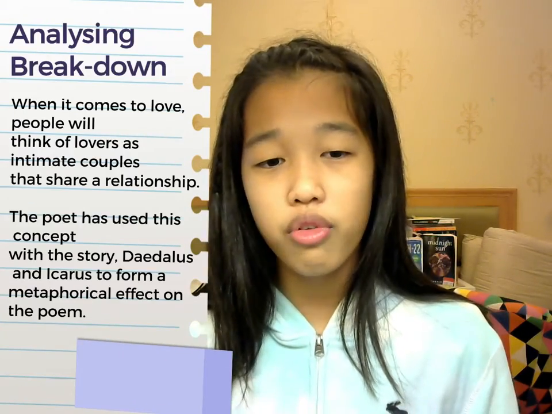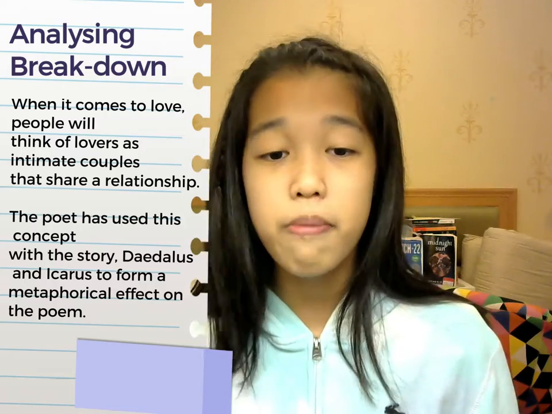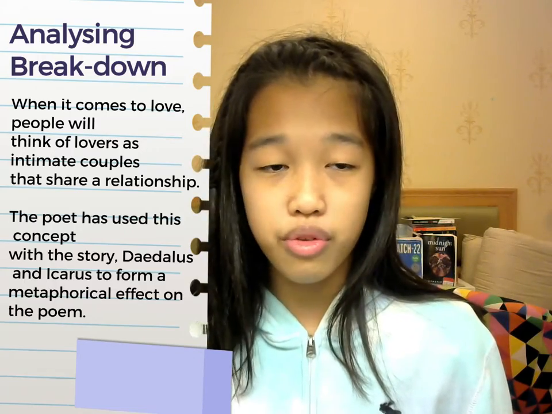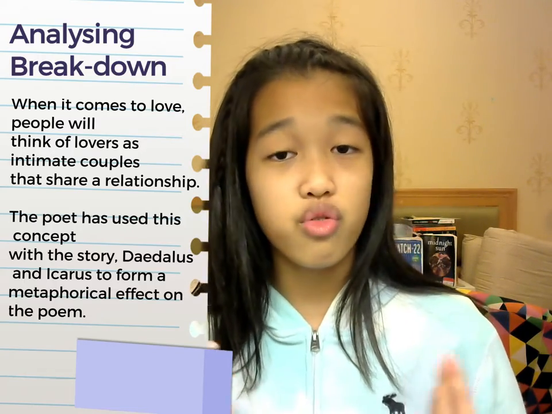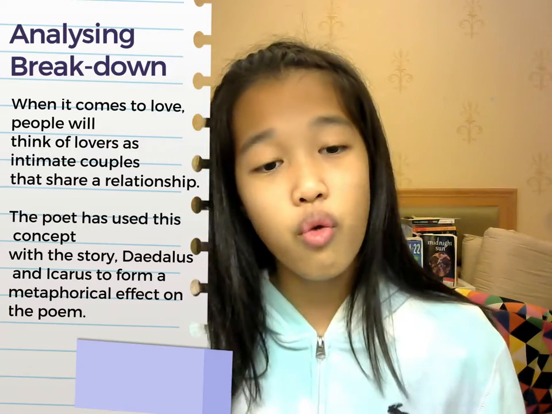So the poem is actually a little longer, but I cut out this section because it was extremely meaningful. Here's why. So let's break this down. When it comes to love, people will think of lovers as intimate couples that share a relationship. The poet has used the concept of the story Daedalus and Icarus to form a metaphorical effect on the poem.